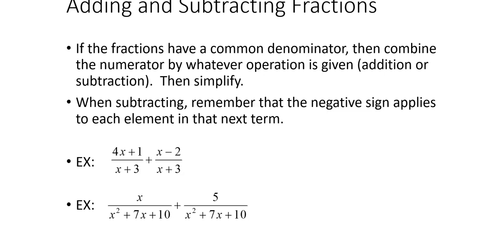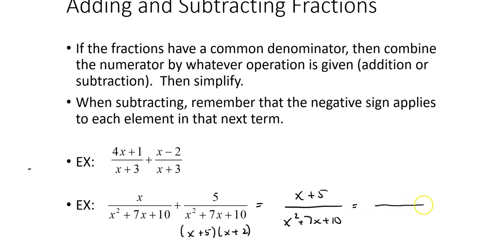So take a look at the second one over here. You've got an x over x squared plus 7x plus 10 and a 5 over x squared plus 7x plus 10. When you add them together, you get x plus 5 over x squared plus 7x plus 10. If I were to factor this, I'd get x plus 5 times x plus 2.